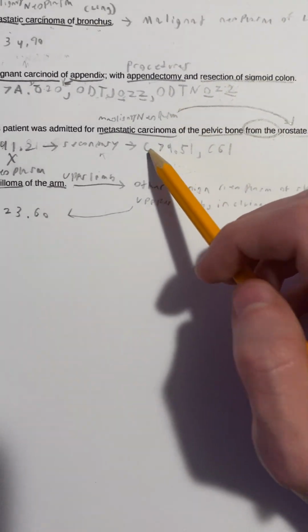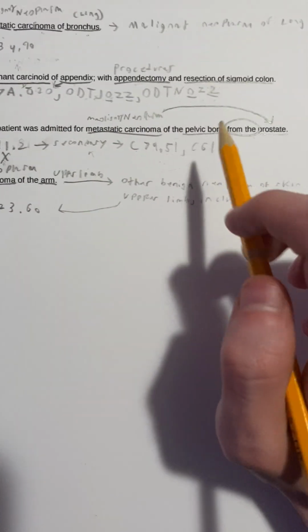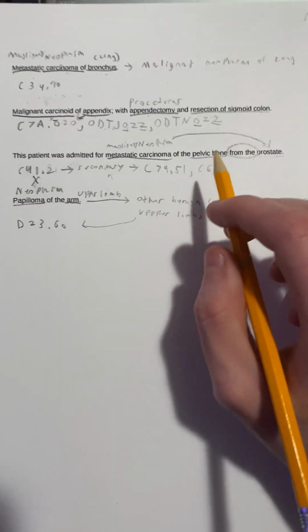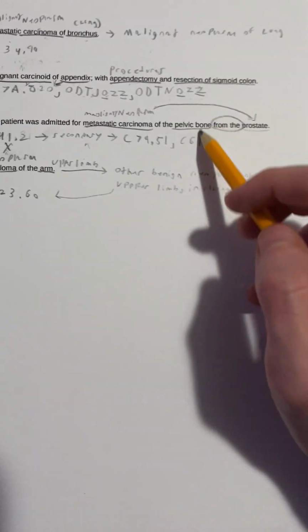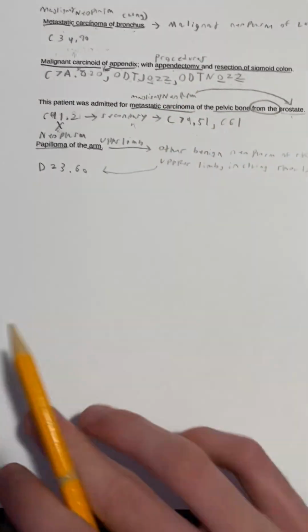So that's why I have C79.51 and not this one. And then we have C61, which I believe is malignant neoplasm of the prostate. Let me confirm. Yes, C61 is malignant neoplasm of the prostate.